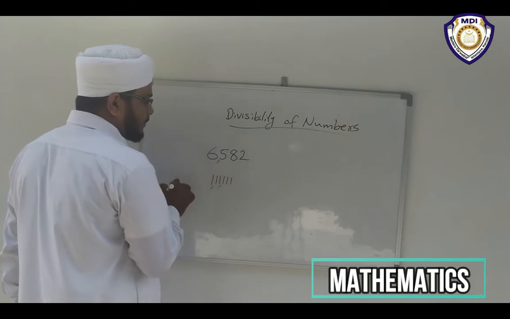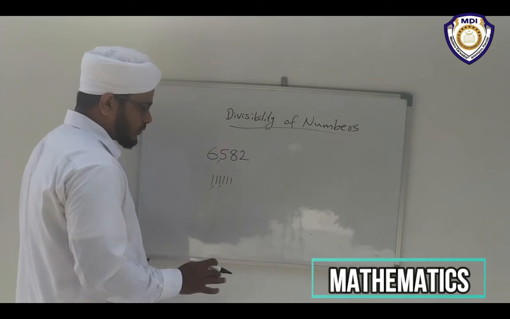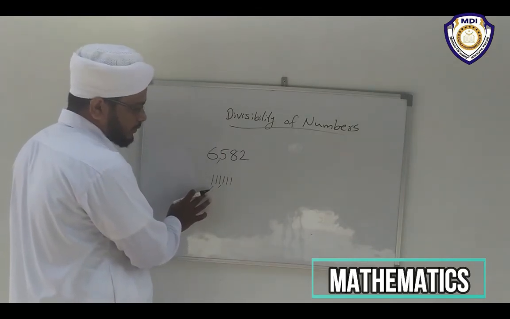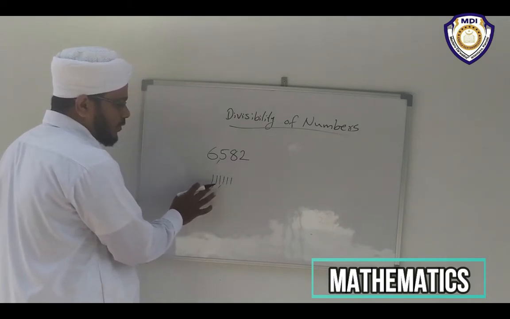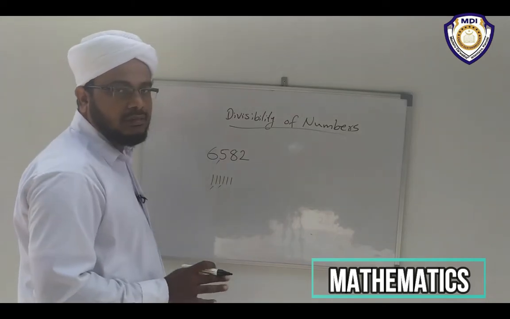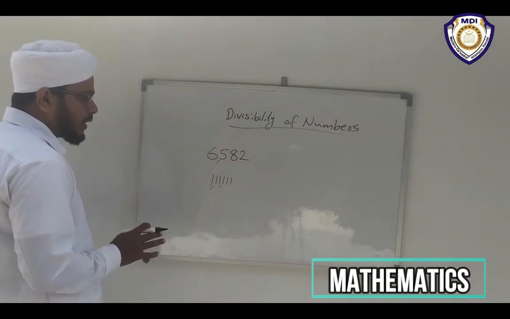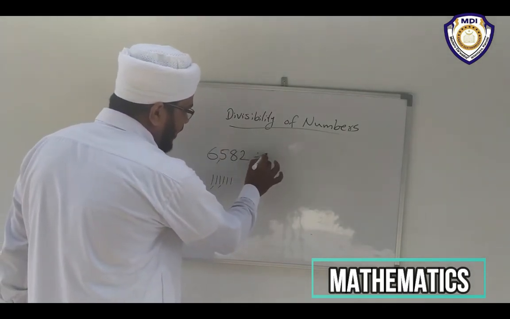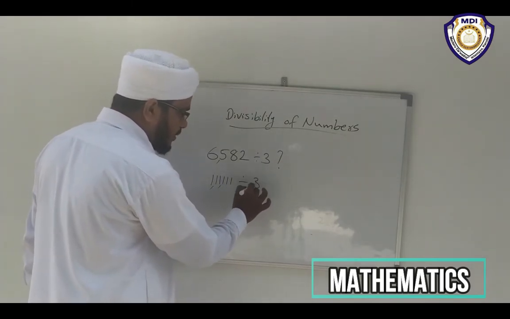This is a number, 6,582. Here, 1, 11, 111. My question, is this number divisible by 3?